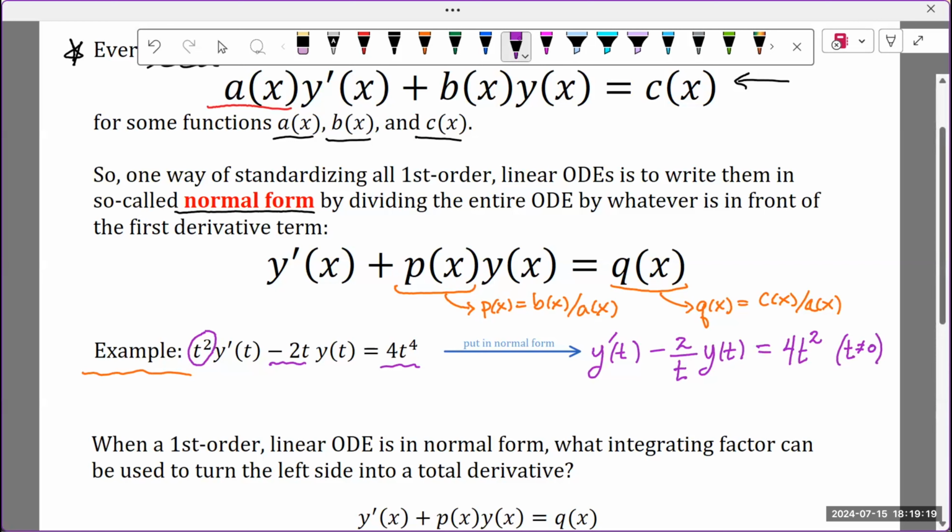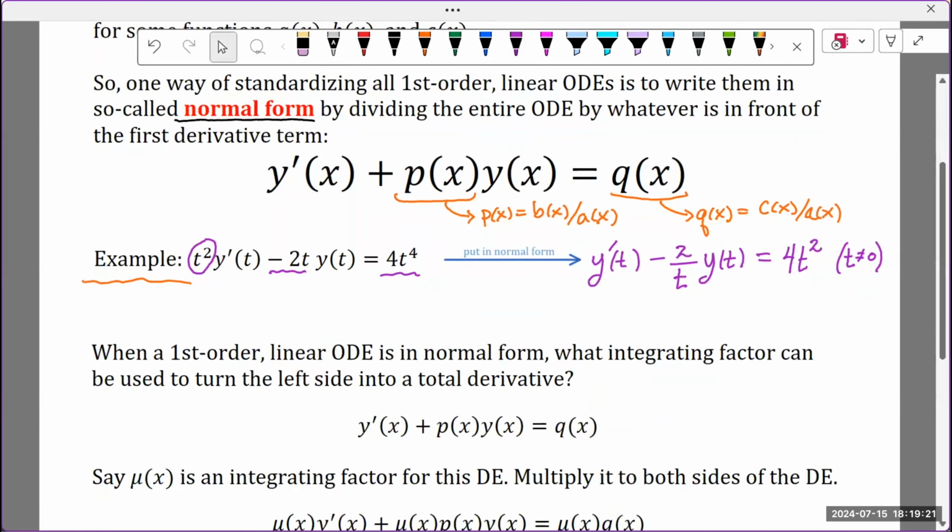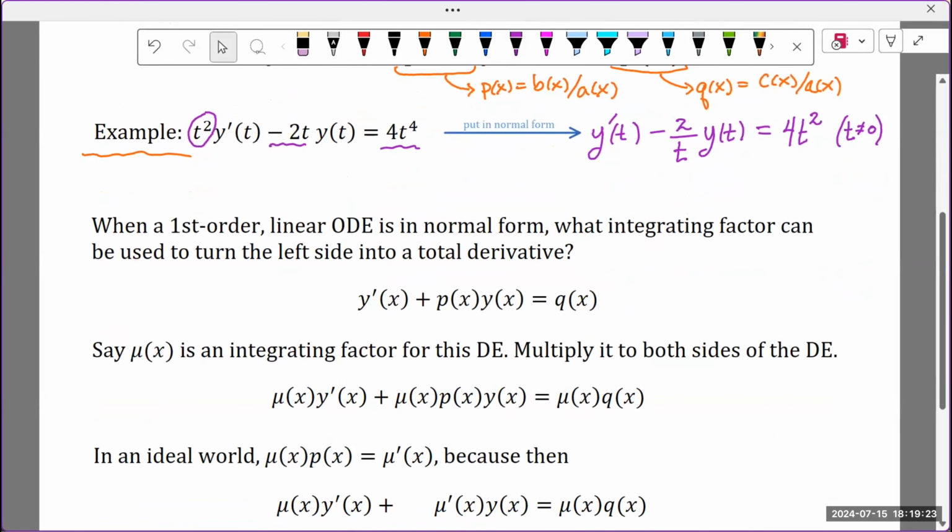All right. Now, when we have a first order linear ordinary differential equation in normal form, and that's important to keep it in this form because otherwise our formulas are not going to make sense, what integrating factor can be used to turn the left-hand side into a total derivative?